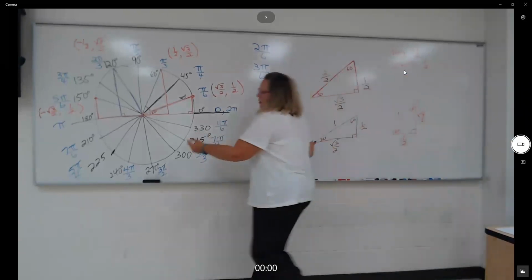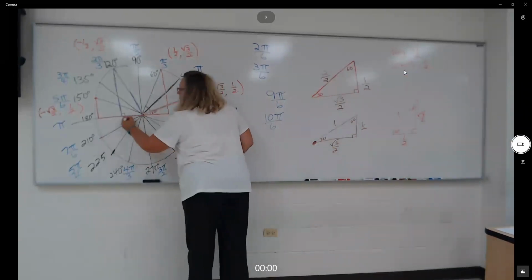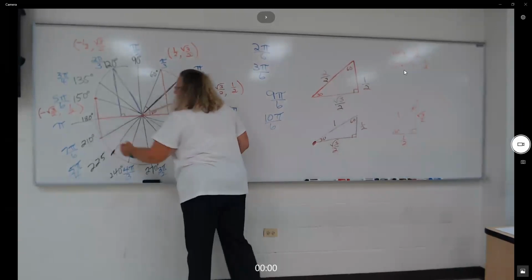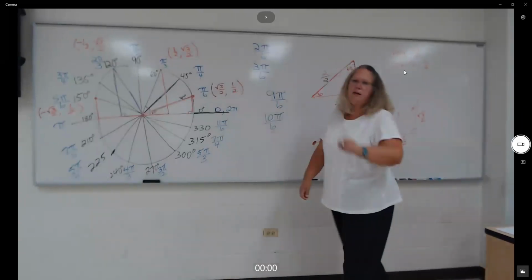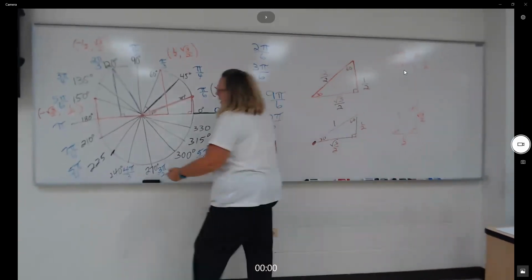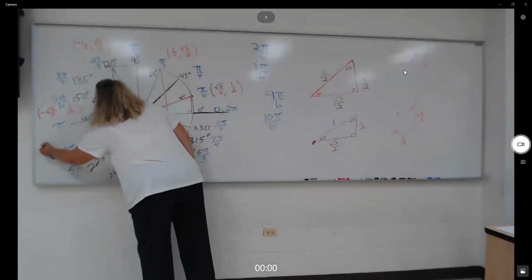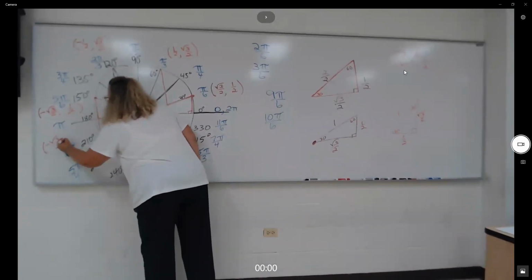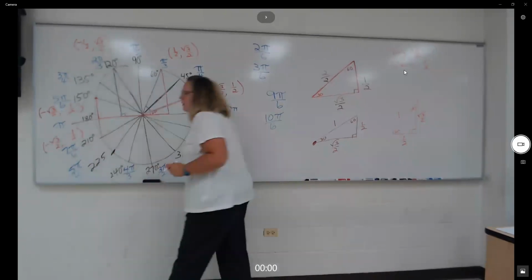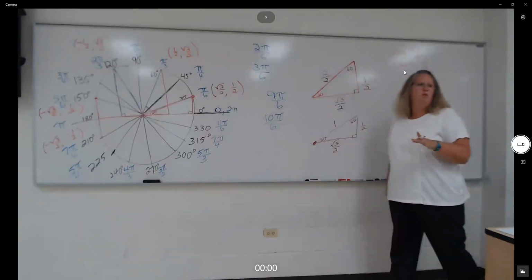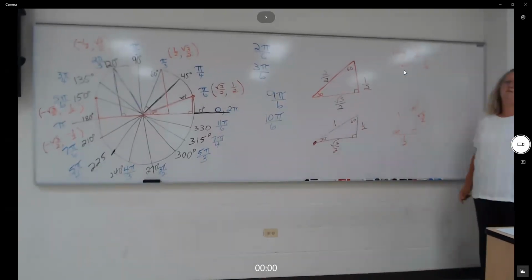When I go down here to 210, long line, short line. So 210 has to be long line, negative square root of 3 over 2. Short line, negative 1/2. Now, do we see why it's negative? Because we're in quadrant 3, and so x's are negative, y's are negative.